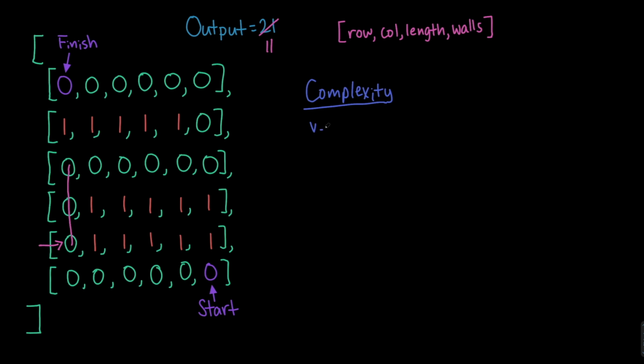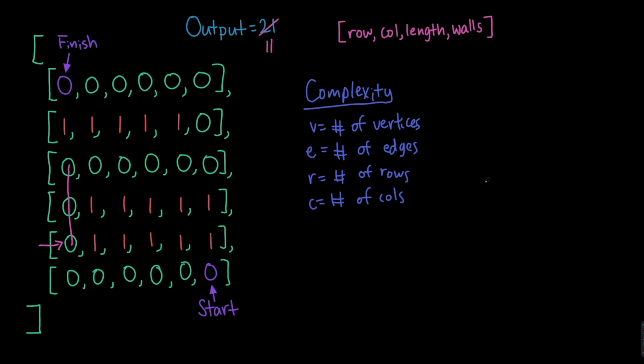So we're going to use V and E, which we've seen many times, number of vertices, and E is going to be the number of edges. But that's not all we're going to store. We're also going to have R, which is going to be the number of rows in our matrix, and C, which is going to be the number of columns in our matrix. None of this should be new, but it's kind of interesting how we use all of these together.